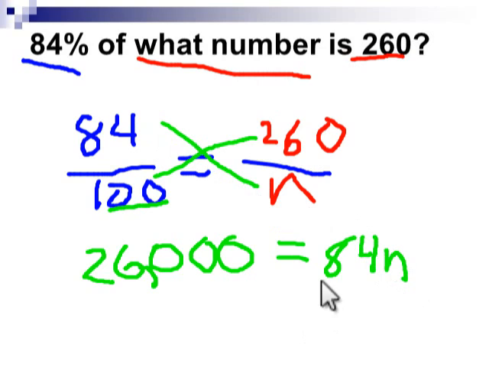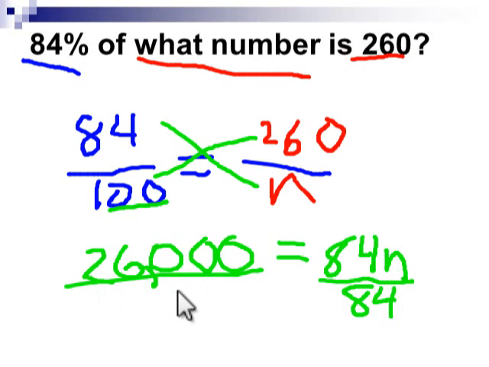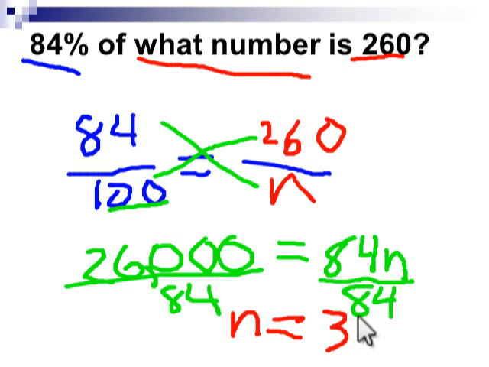So now I have to divide on both sides by 84 because since I can't do 84 times n, I have to undo the multiplying by 84. And when I do that, that means that n equals approximately, so rounded to the nearest hundredth, 32.31.